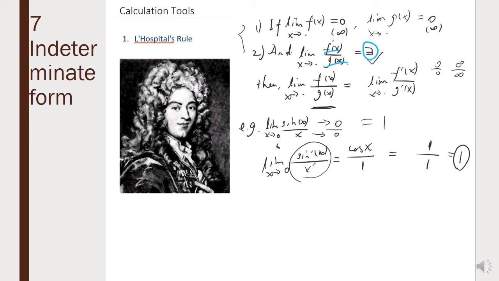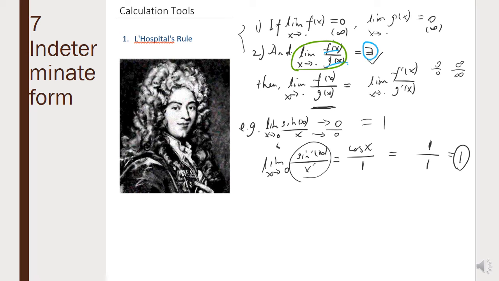It's kind of weird, yes, but this is the rule of L'Hospital's rule. You have to calculate if the limit of f'(x) over g'(x) really exists. If it exists, we can use this to help us find the limit of f(x) over g(x). If it doesn't, we cannot use this rule.